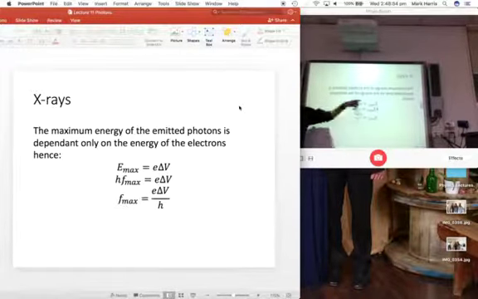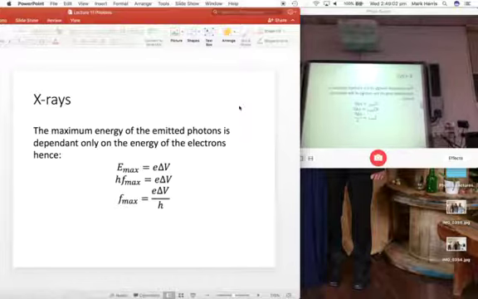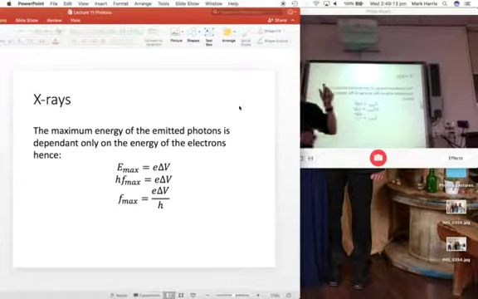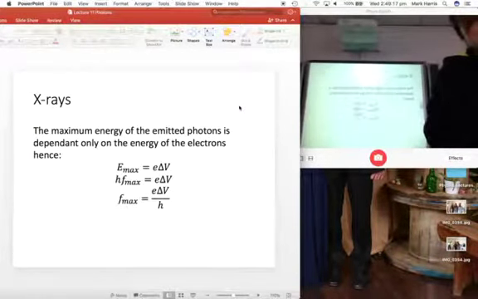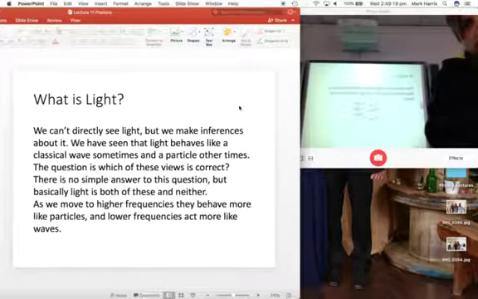E equals hf is another equation, which equals that. So we get hf equals that, and we rearrange and we get the frequency. The maximum frequency is eΔV over h. 2 constants, 1 not constant. So changing the voltage is the only thing that changes the energy, the frequency of the X-rays.